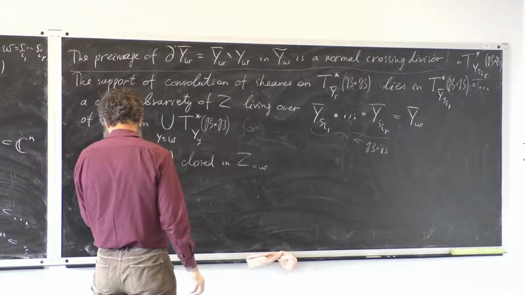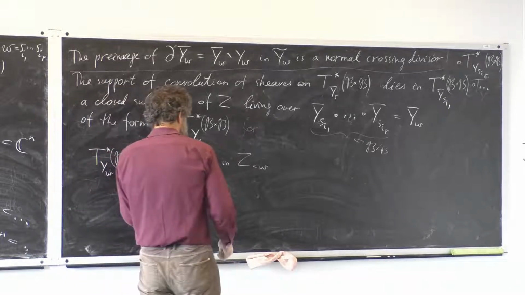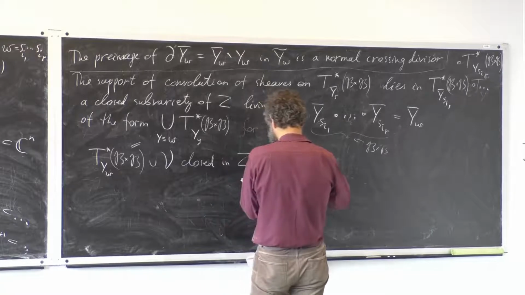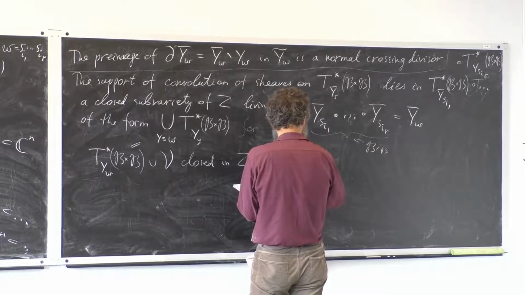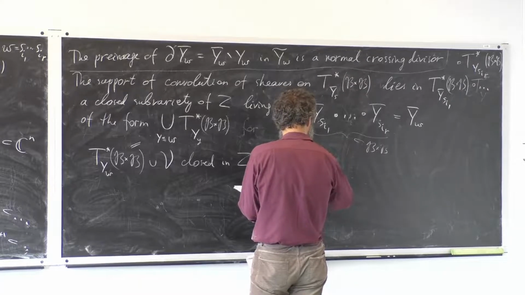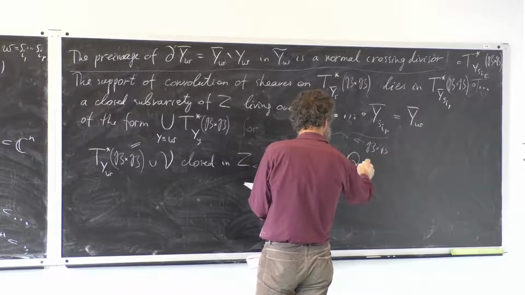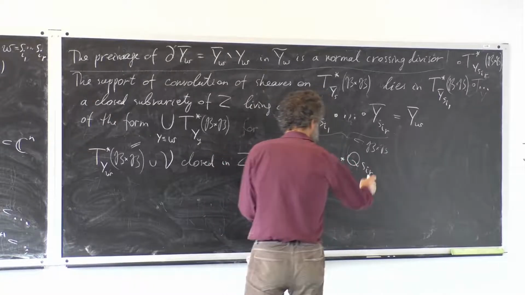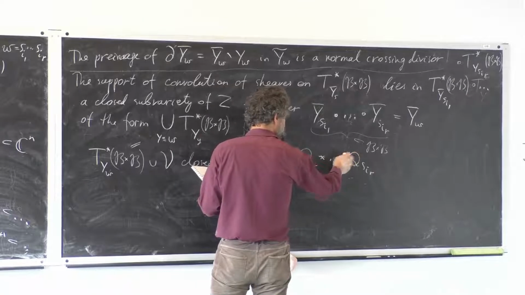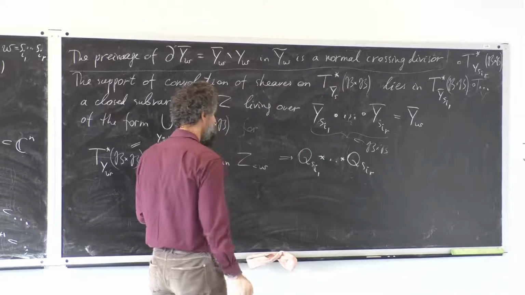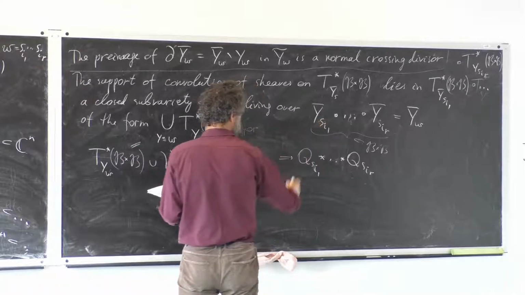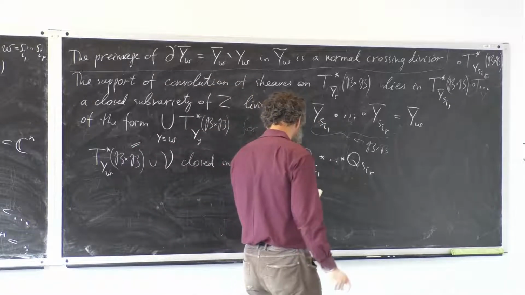Okay, and this implies that if we compute the convolution of our line bundles, Q S1, S I1, and so on, Q S IR. So these were some particular line bundles, the relative canonical class over those small orbits.